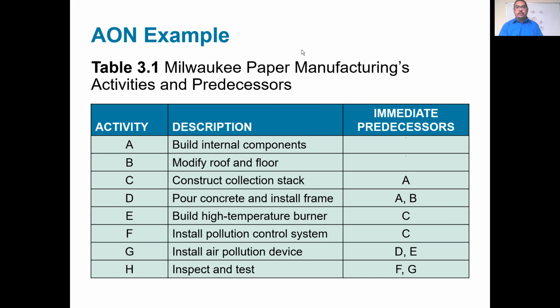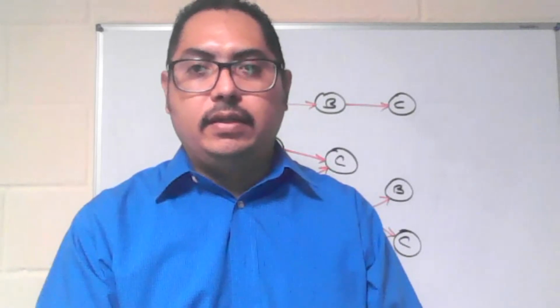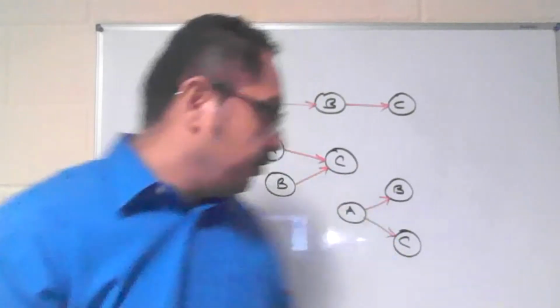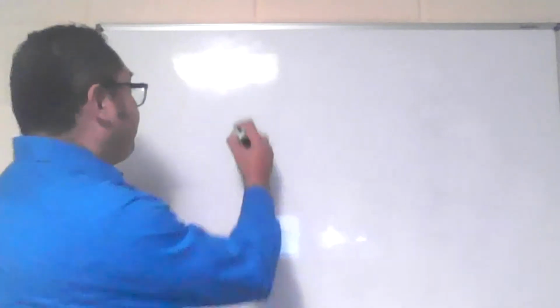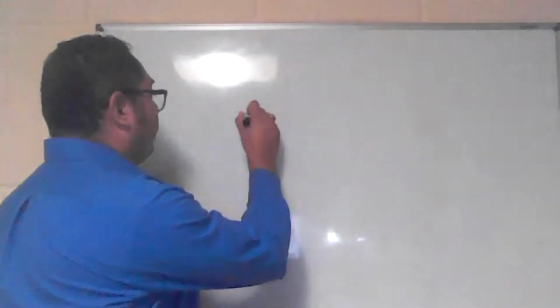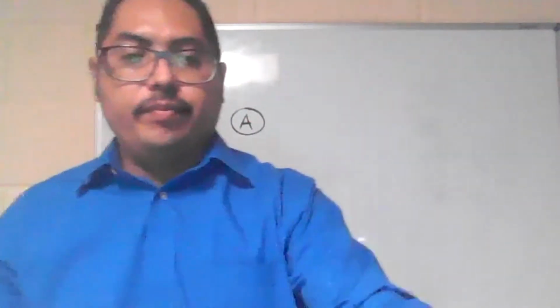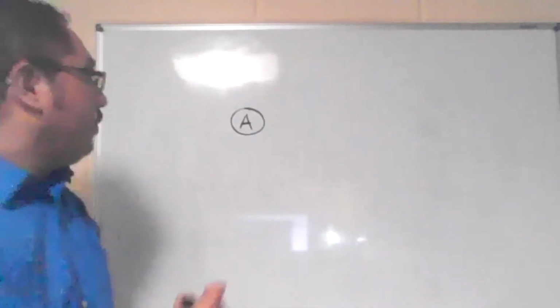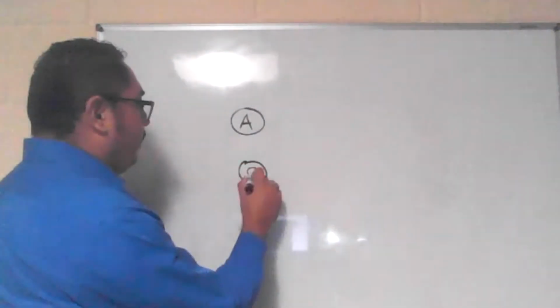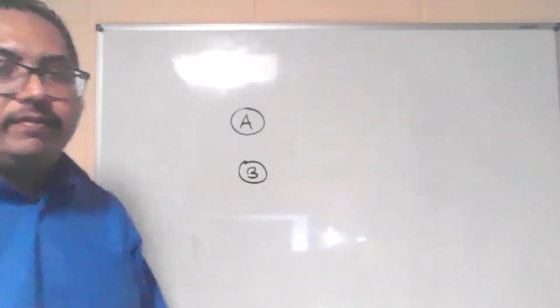So let me go ahead and draw this so you can see. I'm going to put the diagram, hopefully, beside the video. So we have activity A. Nothing precedes activity A. And we have activity B. Nothing precedes that activity either.